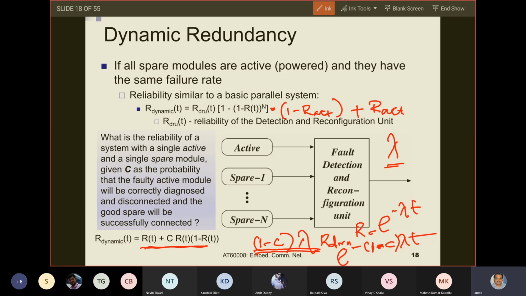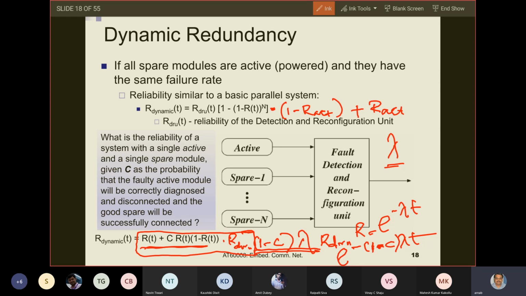I will verify and tell you in the next class, but I think we require an RDRU here as well. And I'm trying to tell you why I think this. At least according to the logic that I'll try to explain to you, you need an RDRU in this as well.